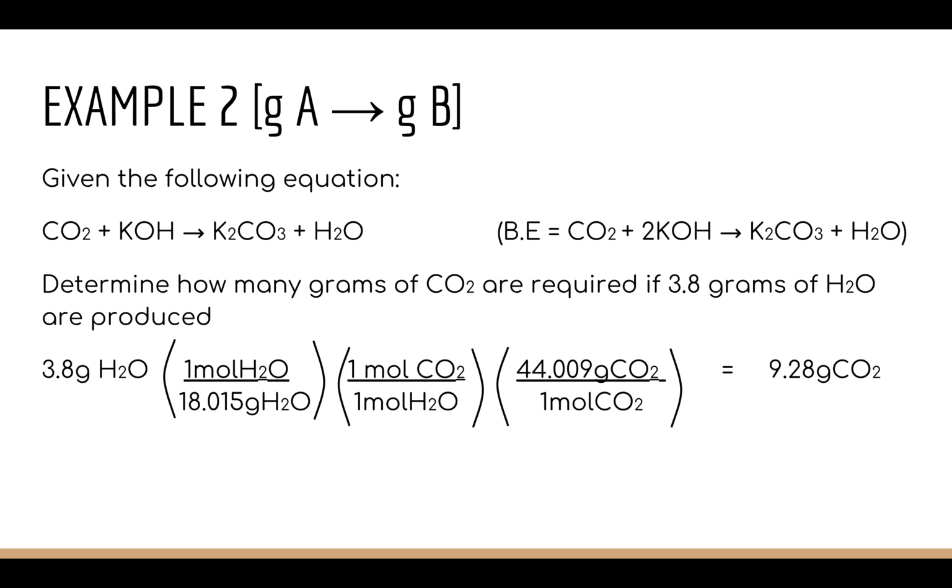And to further convert to grams, we once again find the molar mass by looking at the periodic table of carbon dioxide over 1 mole of carbon dioxide. And as we go down the line, we see that everything is crossed out and we are left with grams of carbon dioxide, 9.28 grams.